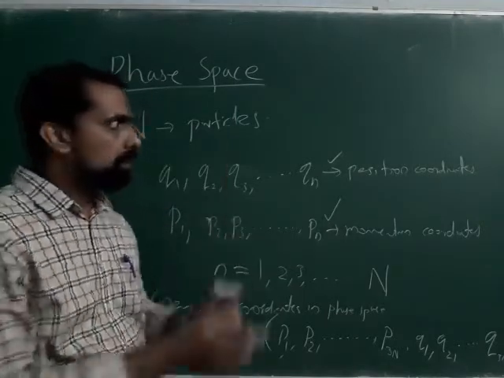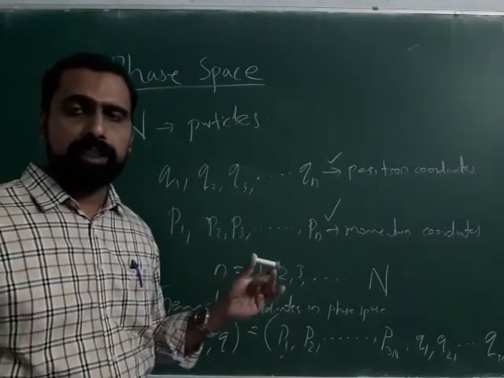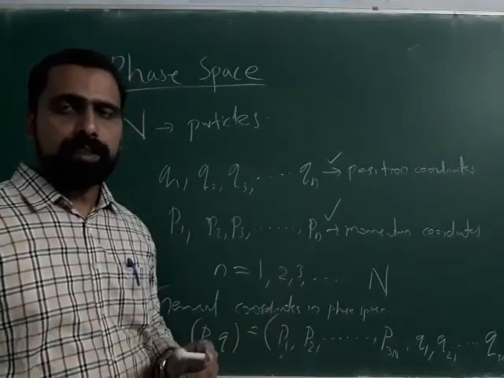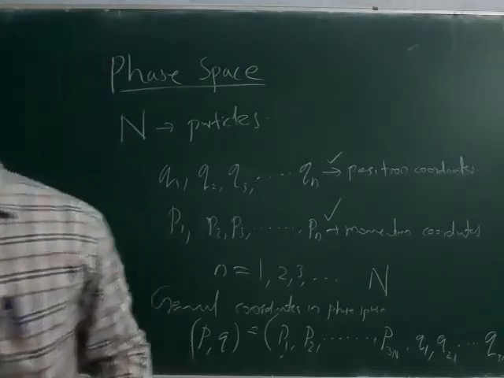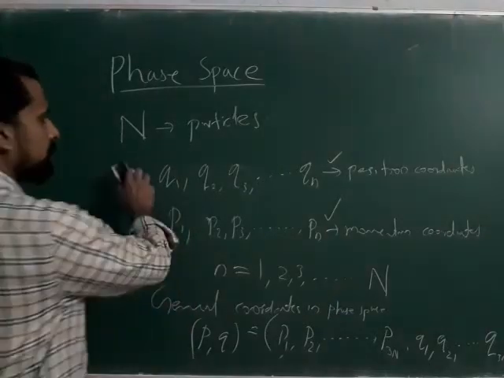Just imagine, this is a little bit difficult because you have both position and momentum coordinates. For example, if you are looking at a 3-dimensional system, then you will have a total of 6 degrees of freedom.